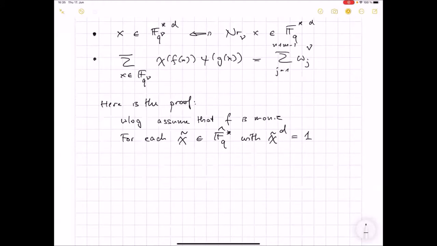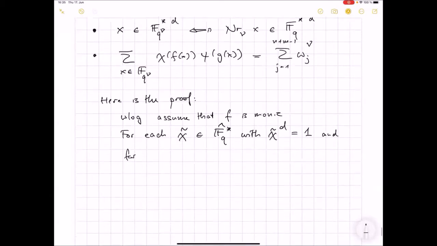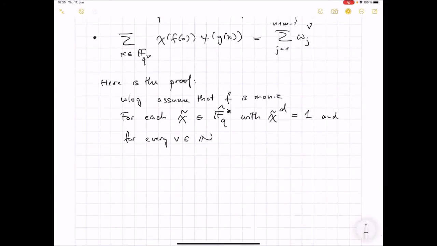Okay? And for every ν in N, we consider the character sum S_ν(chi tilde), which is the sum of chi tilde of the norm_ν of f(x), where x runs in Fq^ν.